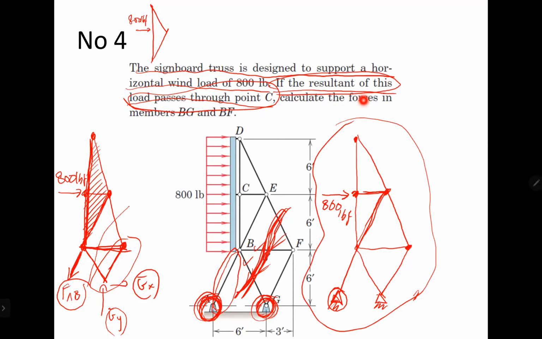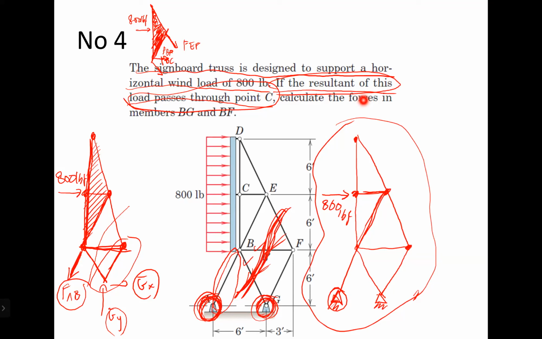Then we have FPG, then we have this one as well, FPF, and we have FEF, like this. Yep, this is the structure. So this is the top free body diagram. You have three forces there, and you can solve.